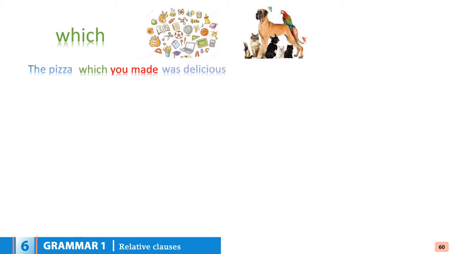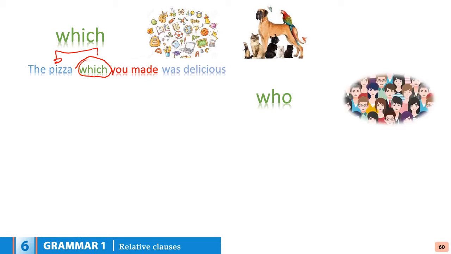For example, the pizza which you made was delicious. Okay, so this pronoun refers to pizza. Now, if we're talking about people, we're going to use who, and our relative clause is going to be like this.